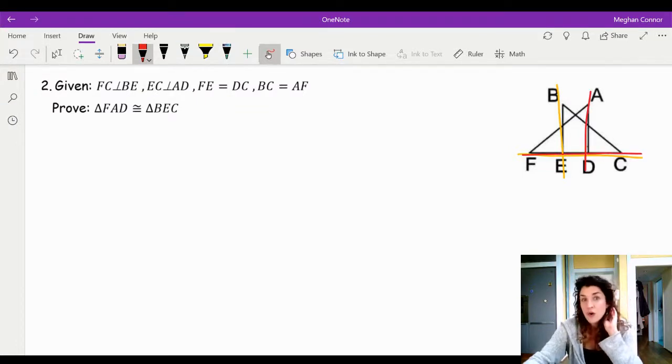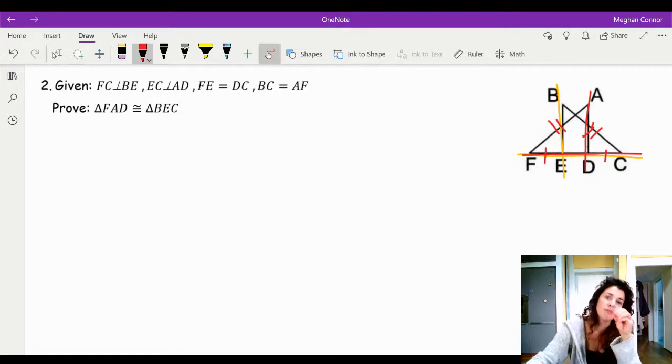And then you're given that FE is equal to DC, and that BC, this whole segment right here, is equal to AF. Whoa, there's a lot going on in there. And then you want to prove that triangle FAD is congruent to triangle BEC.